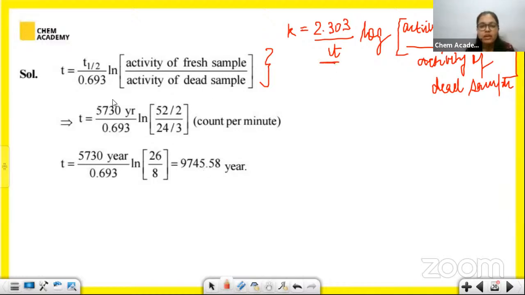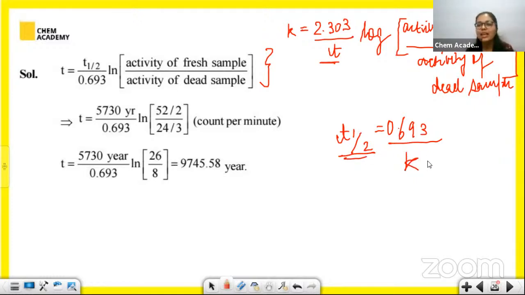Now, over here, how do we find the value of k? We know that t half for a first order reaction equals 0.693 by k, and we are already given the half-life.